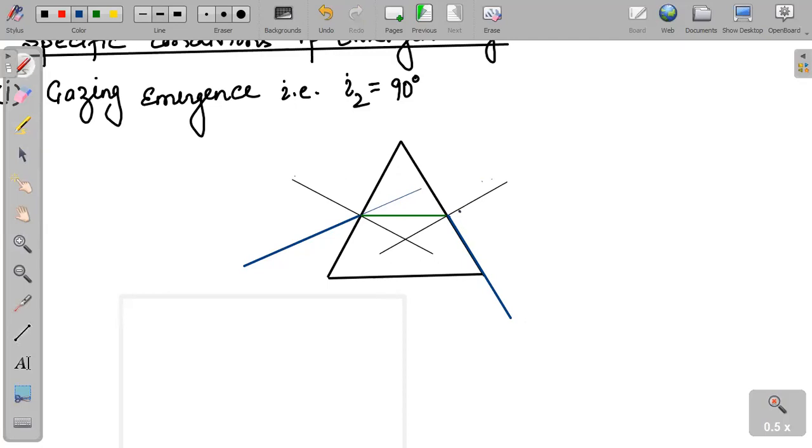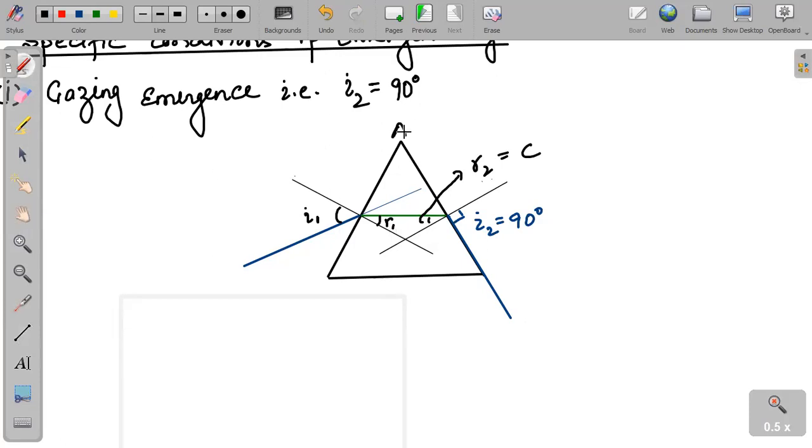Is that okay? So that this angle becomes, this is I2 and this becomes equal to 90 degree. ये एंगल रहेगा R2 which is equal to critical angle C. This will be R1 and this will be I1.